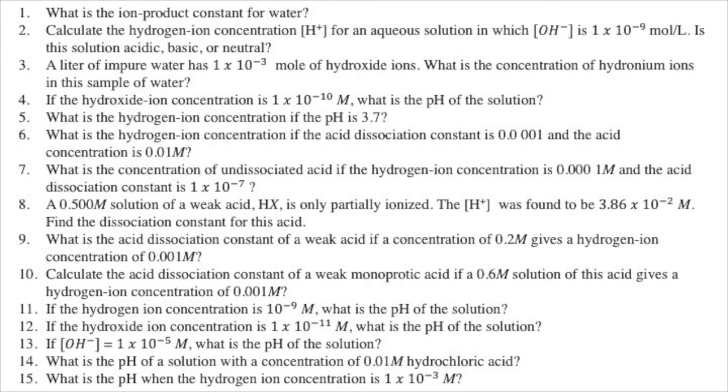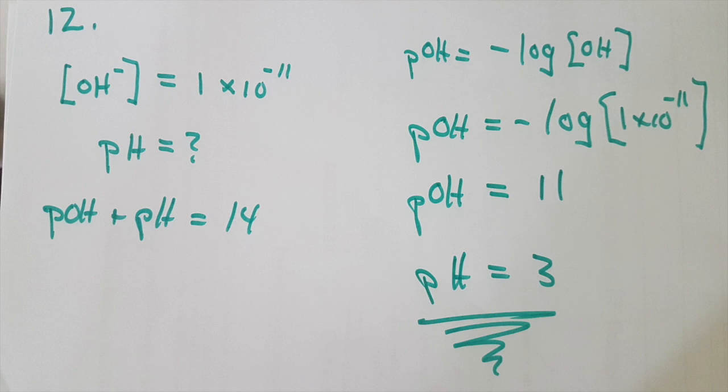And then it says if the hydroxide ion concentration is 1 times 10 to the negative 11 molar, what is the pH of the solution? So again, this is kind of going back to the first couple of problems where I think the easiest way to do this is to calculate the pOH and then calculate the pH.